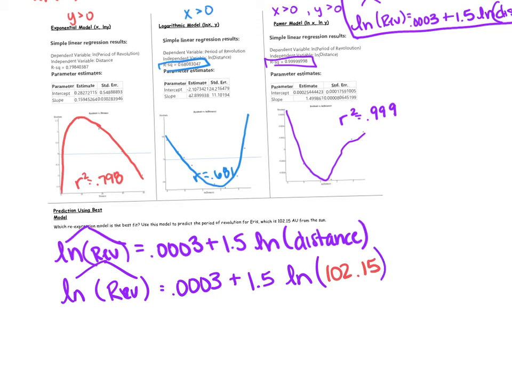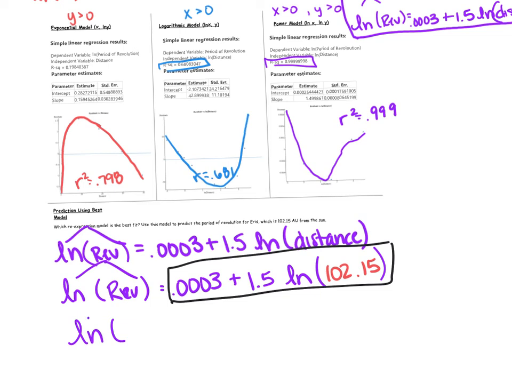So to calculate this, all I do is work this part of the equation first. And so when I work this part of the equation, here's what I get. The predicted natural log of the revolutions is equal to 6.94.